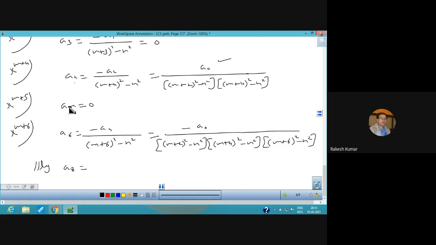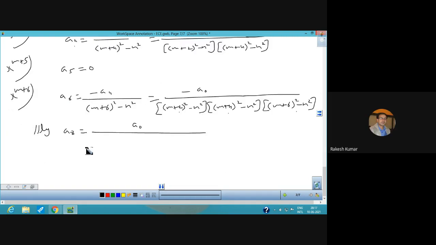Now you can use the pattern and write down a few more constants. Similarly, you can also write down the value of a8. a7 will come out to be 0 on this same pattern. Just see, when it is a6 we have m plus 2, m plus 4, m plus 6, and for a8 it will go up to m plus 8, and the sign is alternately positive and negative. So a8 will be positive in terms of a naught, and you will have m plus 2 whole square minus n square, m plus 4 whole square minus n square, m plus 6 whole square minus n square, and next will be m plus 8 whole square minus n square.